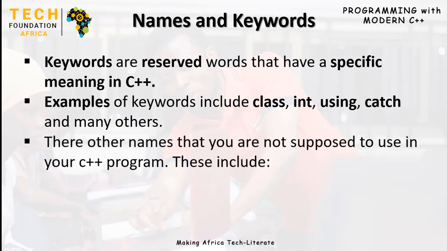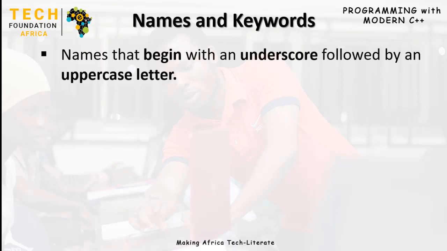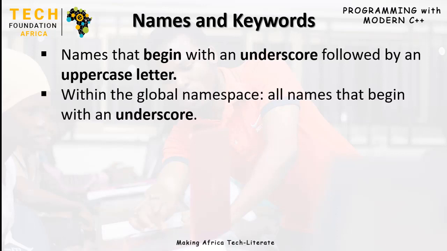Okay, now there are other names that you are not supposed to use in your C++ program. This includes names that begin with two consecutive underscores. Don't do that, and I'll tell you why you shouldn't do that. Now, names that begin with an underscore followed by a capital letter should also be avoided. Within the global namespace, all names that begin with an underscore, you should avoid. Completely stay clear of starting the names of your variables or your identifiers with underscores. Don't do that.